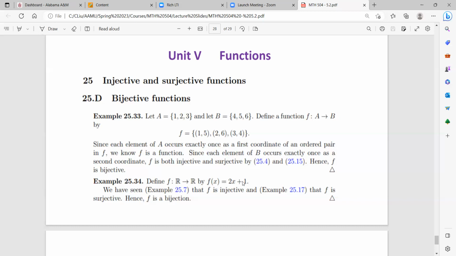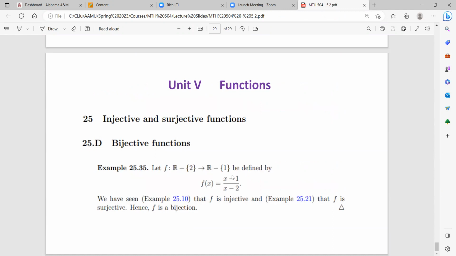It's also onto because for any y value, any real number, you can always find a corresponding x. It's one-to-one because any horizontal line intersects the line exactly once. So it's one-to-one and onto. So it's a bijection, or bijective.